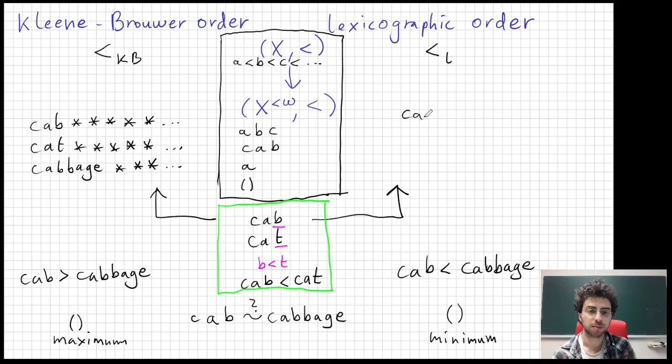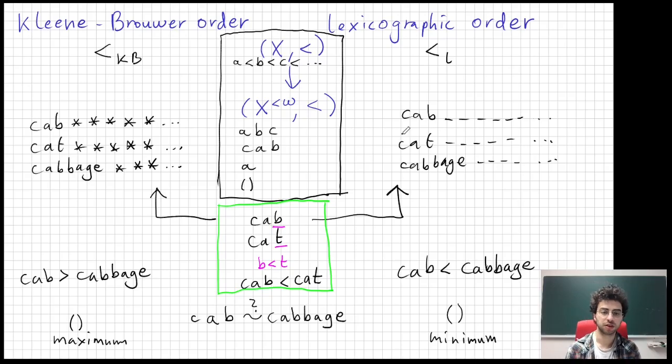And I do the same in the lexicographic order, except I'm going to take another symbol to infinity. So I turn them into infinite sequences, except that in the lexicographic order, I place this symbol below A. It's going to be the smallest one.